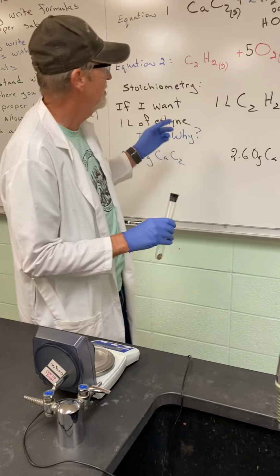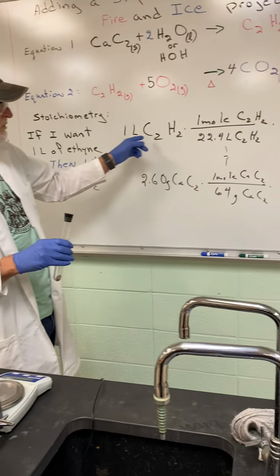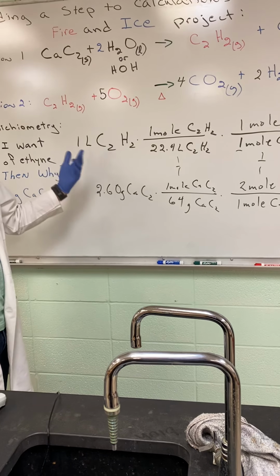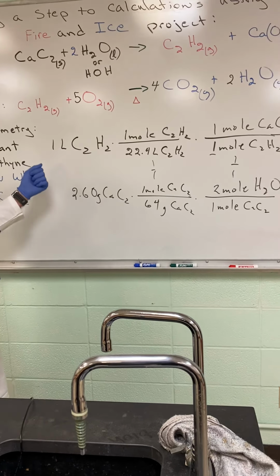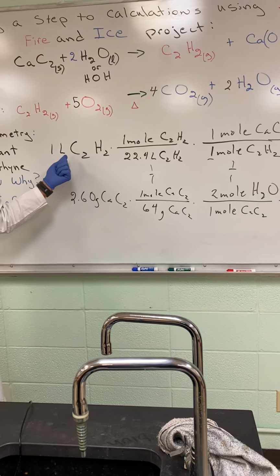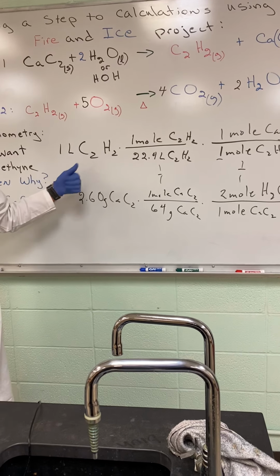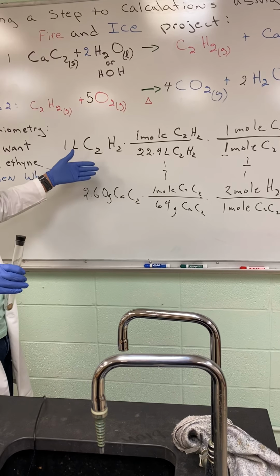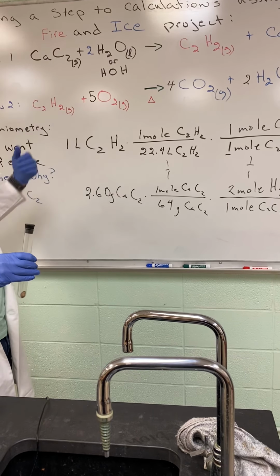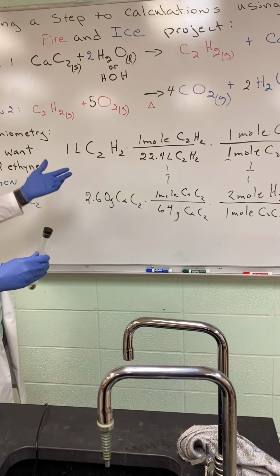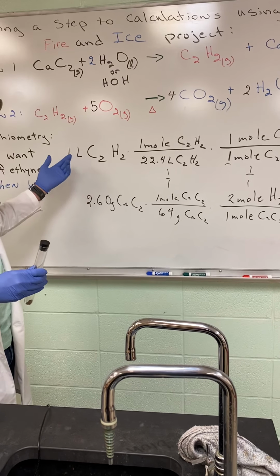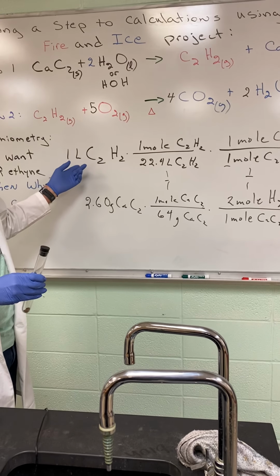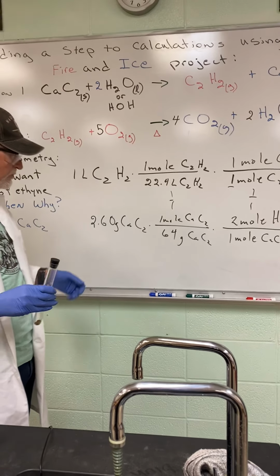I've used a calculation where I worked backwards through the problem, saying, okay, if I wanted to have 1 liter of acetylene, or ethine, which is the stock name for acetylene, how much calcium carbide would I need? So I hypothetically started with a very simple number of 1.